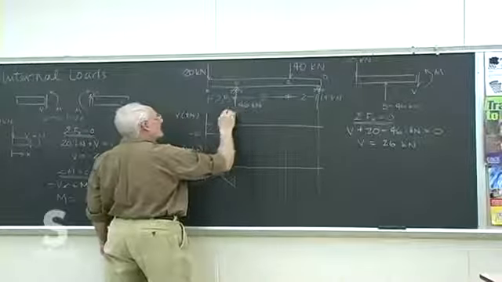That's only for the purposes of finding the reaction. Once you do that, solve for the reactions, you should get that this is 318 kip feet in that direction, and the reaction in D is 34 kips. All right, you can double check those.